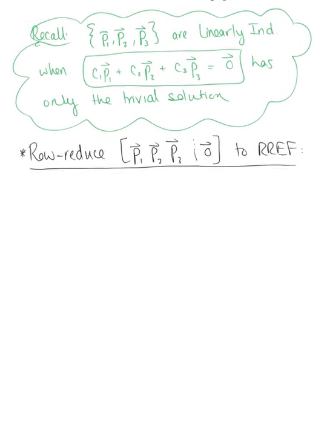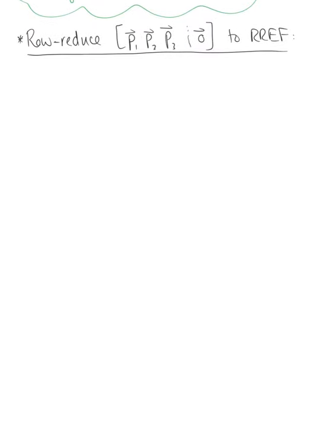And so let's give ourselves plenty of room. So we want to put those three column vectors into our matrix. So we have p sub 1 was 1, 0, 3, negative 1. P sub 2 was 0, 1, 0, 3. And p sub 3 was 1, 1, 3, 0. And we're augmenting this with our 0 vector.